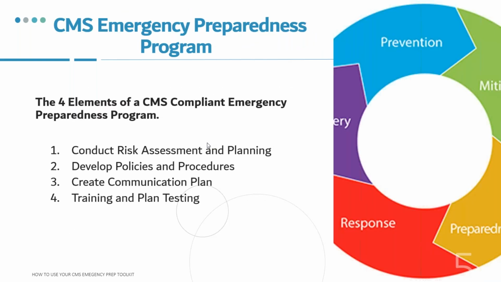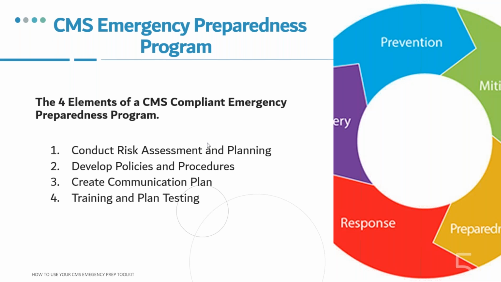There are 4 main elements to the CMS Emergency Preparedness Compliance Program that CMS is really expecting you to have in place. You need to do a risk assessment and an emergency plan based around that risk assessment, specific to your local community and your facility or program.